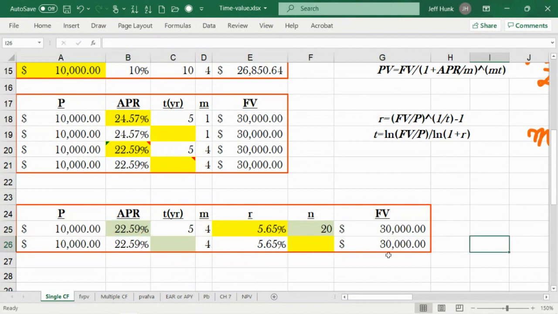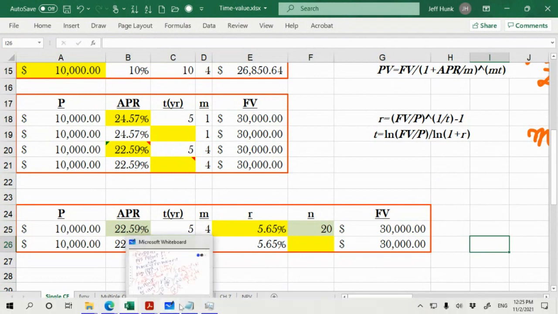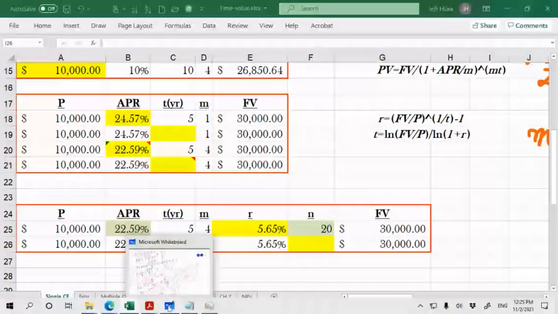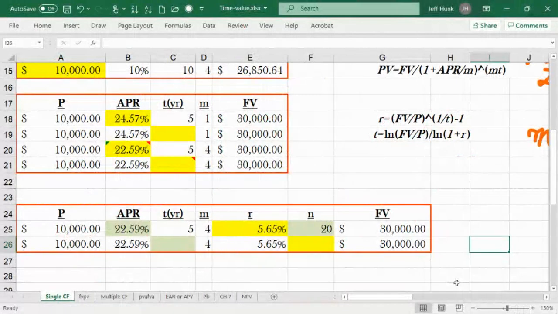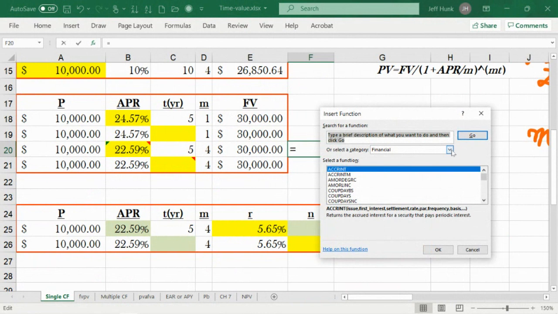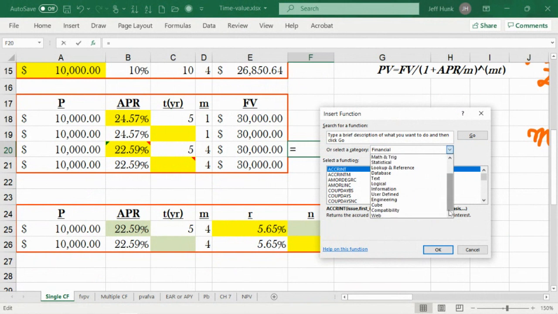So then our next question is, finally, some people might say, so why go through all that? Why can't we use just Excel's built-in function? Yeah, you can use Excel's built-in function, but once again, to use it correctly, you should think.